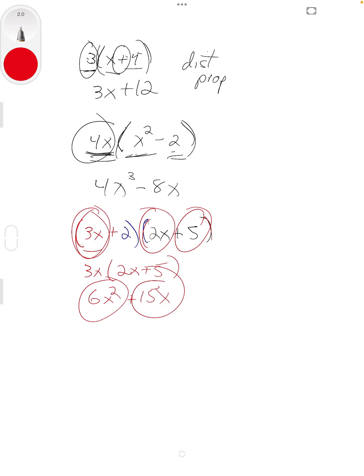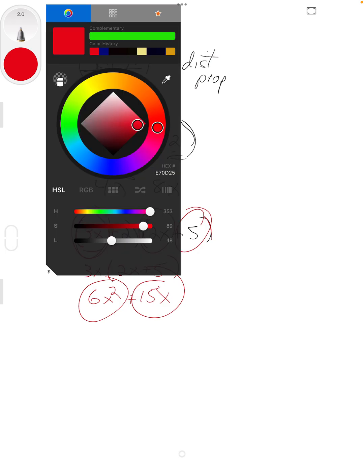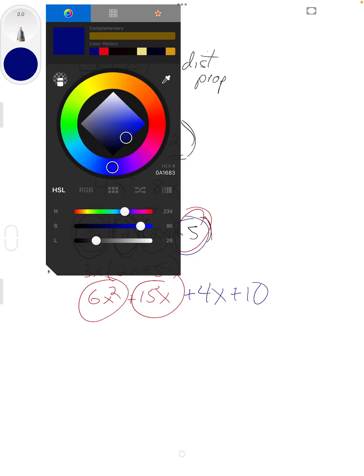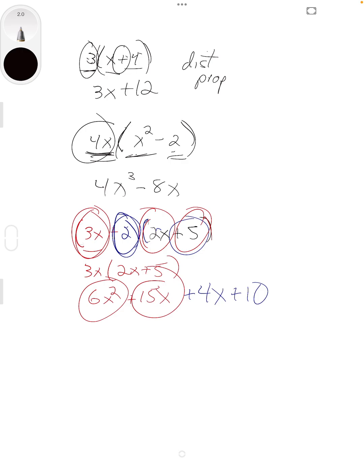Then I go to my blue version, and I say 2 times 2x is 4x, and 2 times 5 is 10. So my final answer is 6x squared plus 15 plus 4, which is plus 19x plus 10.